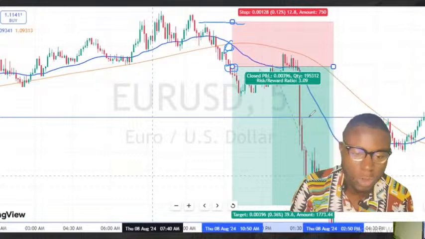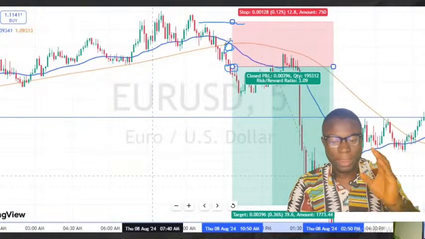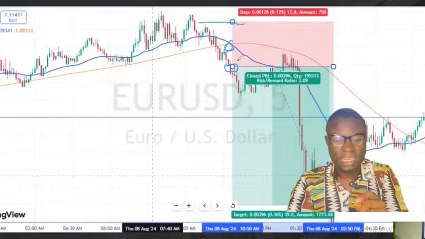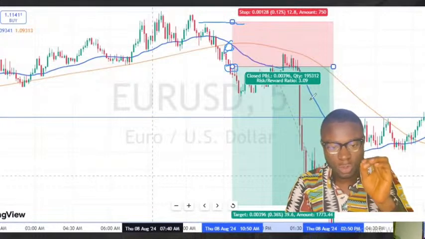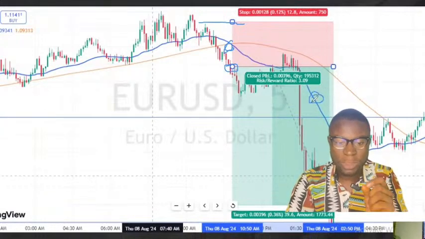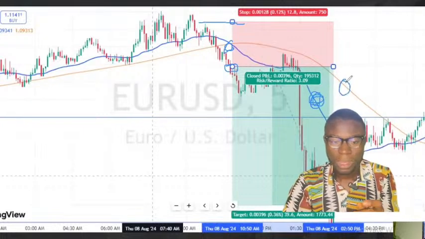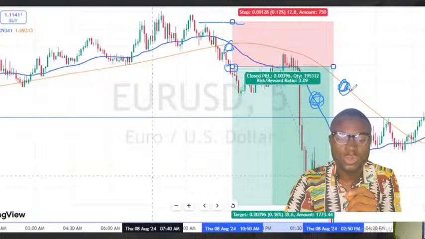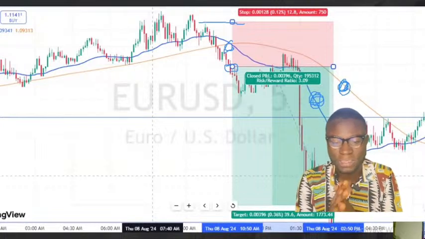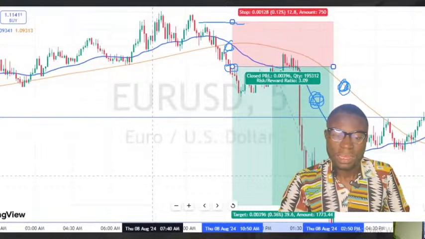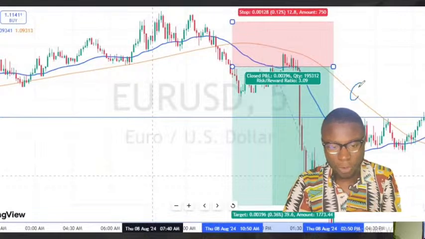Now there are two ways I take my profit in this. When price starts moving in my favor and has moved to an extent, I will start using this orange colored moving average, because most of the time it serves as a trend line, as a support or resistance trend line.